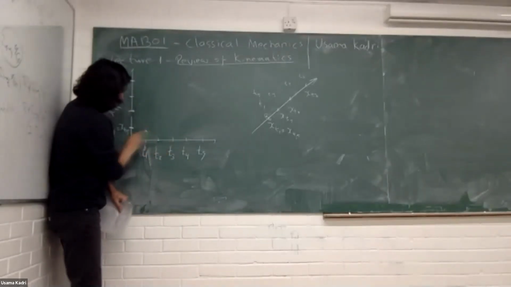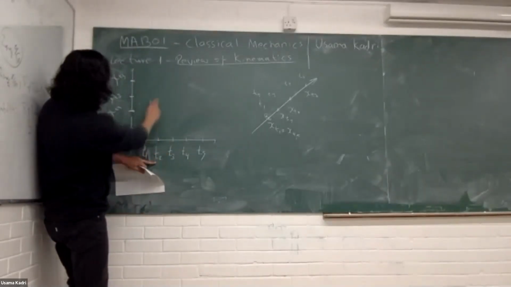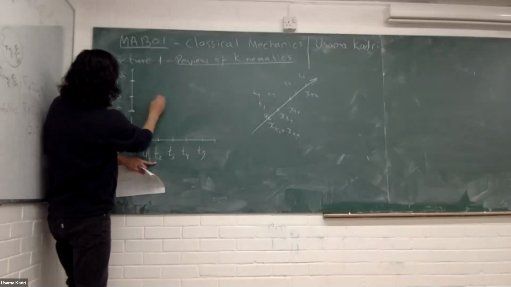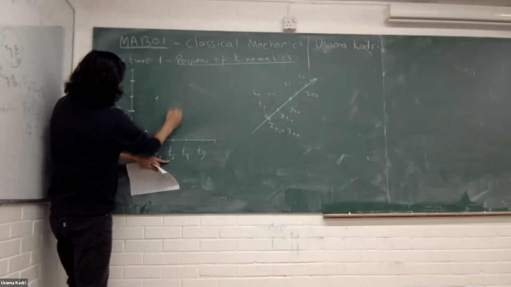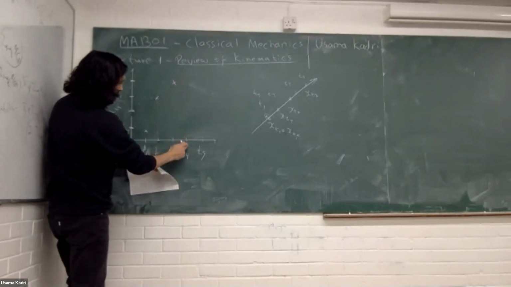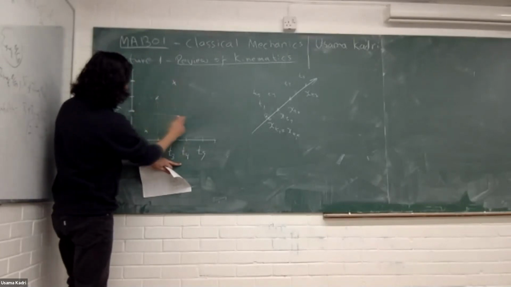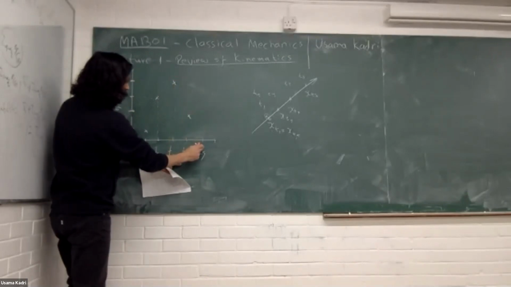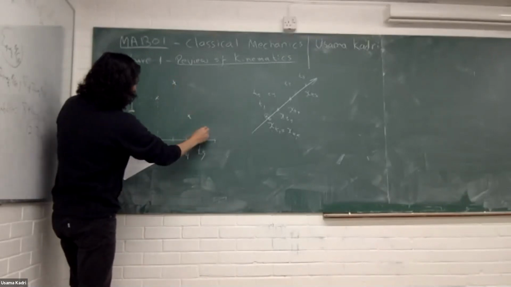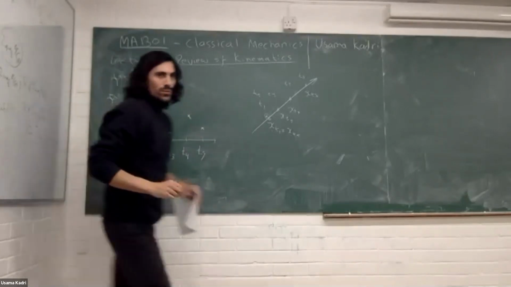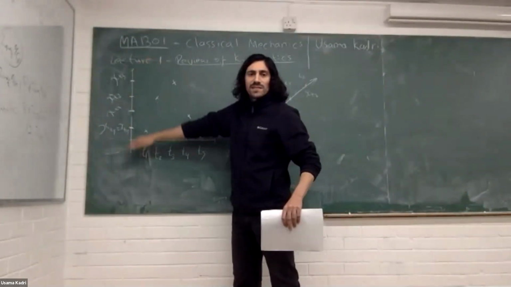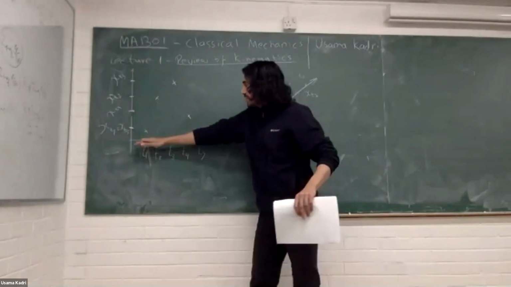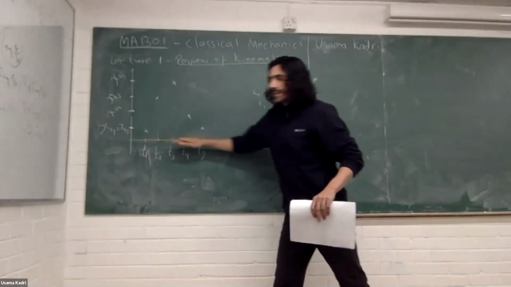So we start here, and then it goes to this point here, and then it goes to this point, and then it goes back to this point, and then back to the origin. Remember, it's traveling along the x-axis, and this is just the time axis.